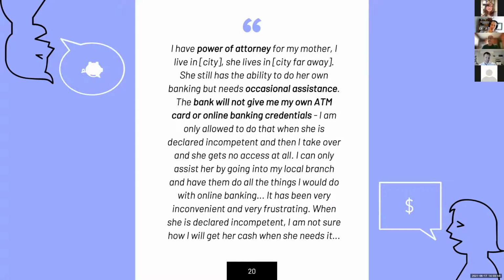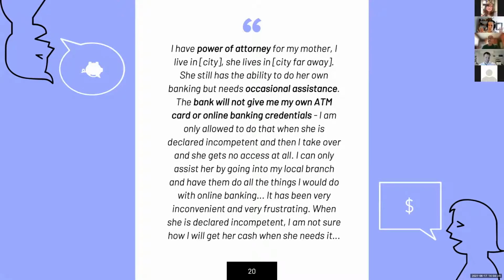So this is a typical issue that we see with older adults and the close others who are helping them. And I really want to highlight here the occasional assistance part of this. There's a view from the bank's point where we have fully capable older adults, and then we have older adults who are completely incapable, and there's a power of attorney and somebody else is banking on behalf of them.